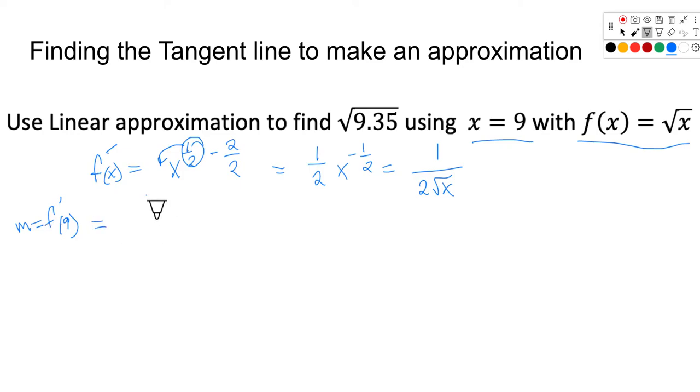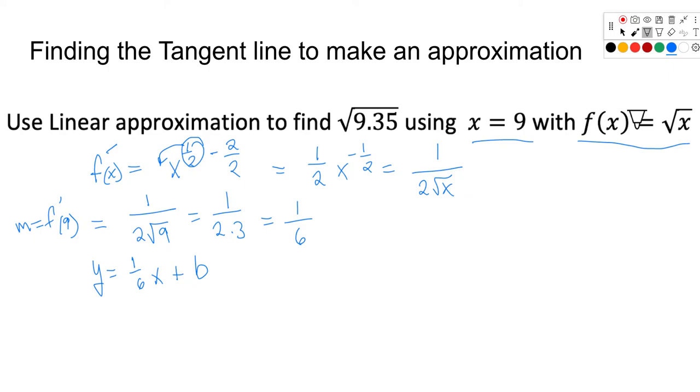So 1 over 2 square root of 9, and the square root of 9 is 3, which gives us that the slope is 1/6. And you could draw the function and everything. So now we're getting close to a linear equation. We've got that this tangent line is y equals 1/6 x plus b. Now if we get b, we'll have the linear equation.